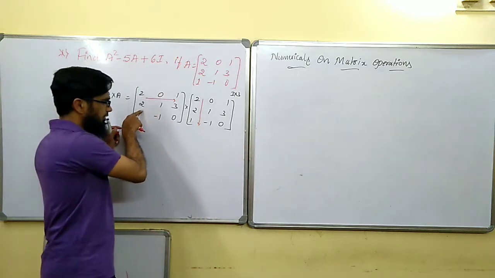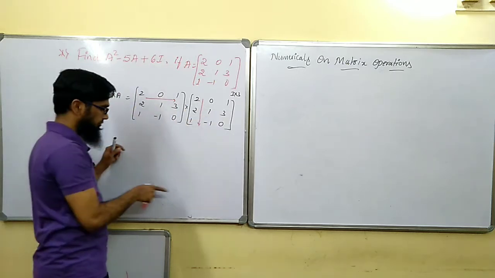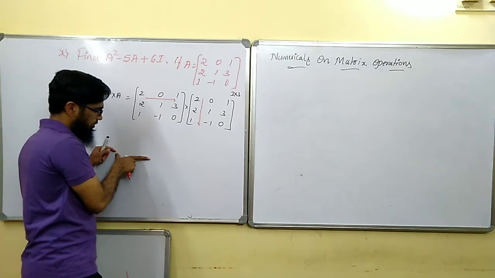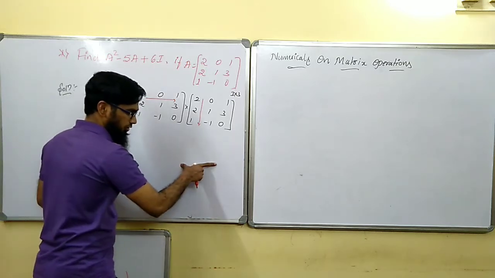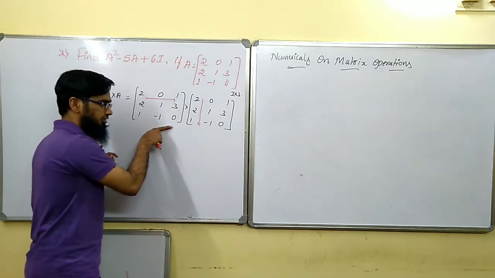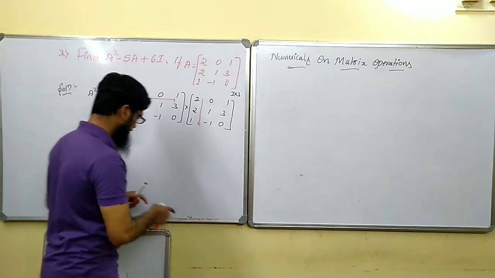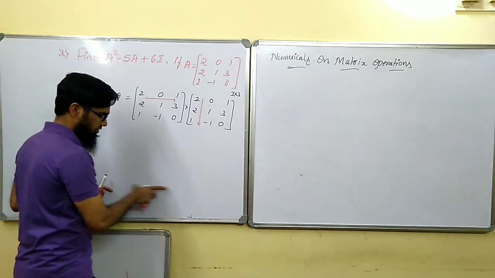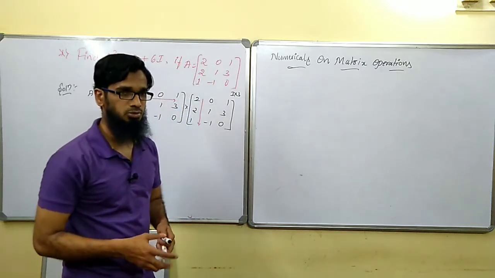Again when you are considering the second row, first column, second column, third column, we have to write in the second row, first column, that is the second row, first element, second row, second column element, second row, third element. Like that again we have to take the third row, first, second, third, means in the third row it should have the third row, first, second and third element. So this is how the matrix multiplies, we have to multiply the elements.